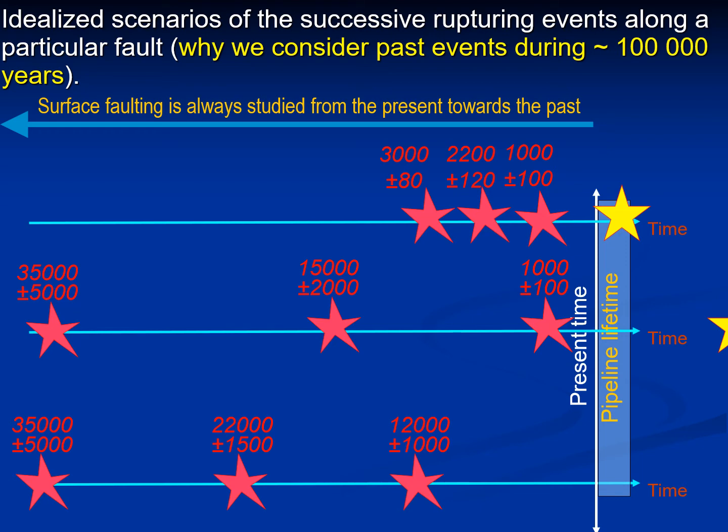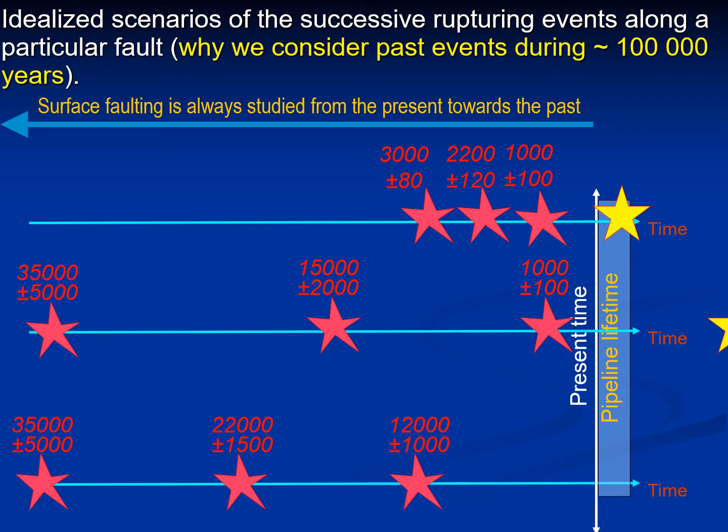But there might be another, third variant. For example, we know that in California, faults are considered active if a rupturing event occurred there within 11,000 years. In this case, the last event occurred earlier, around 12,000 years ago. The fault might be considered inactive.